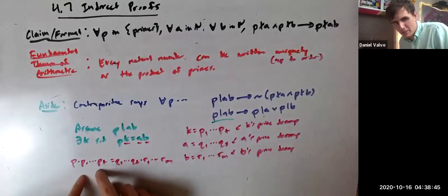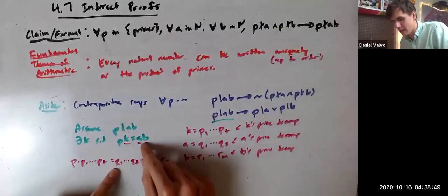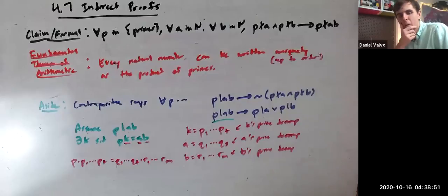This is the prime decomposition of the left side. This is the prime decomposition of the right side. Now, what does the fundamental theorem of arithmetic tell us about these two prime decompositions?